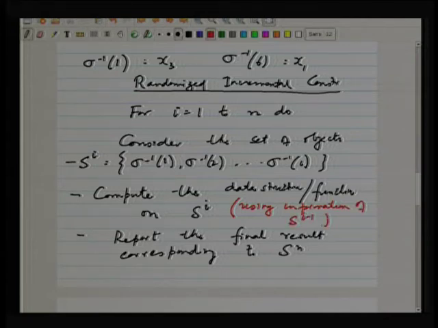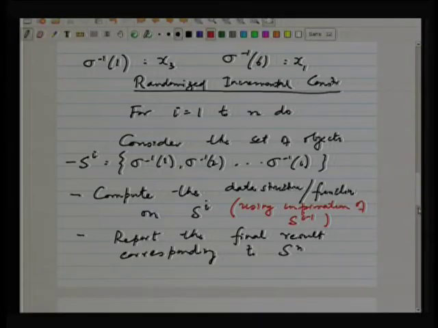Namely, when we added the i minus 1 object, we computed some data structure or function, and then we add the ith object. We do not want to compute from scratch, we want to update the structure, and we try to keep that update cost as low as possible, and that is what leads to the efficiency of this approach. That is why we are incrementally adding and incrementally updating this data structure.